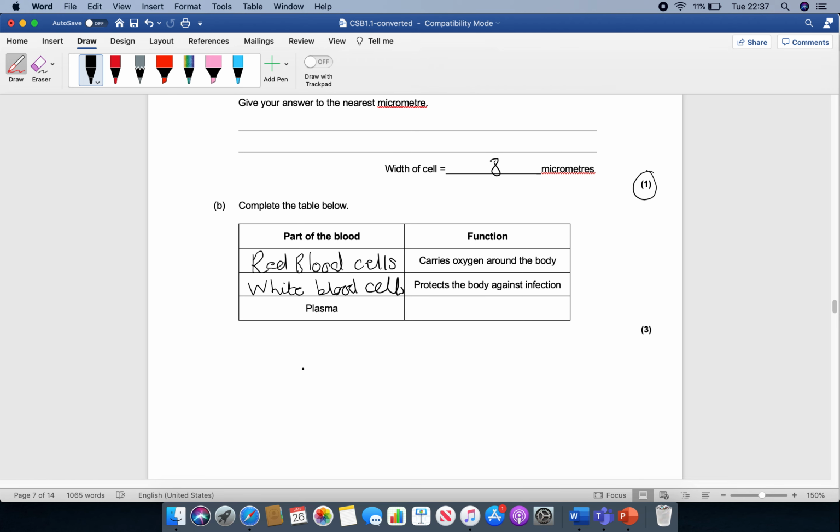And the part of the blood is plasma, and there are a few functions you can put, but one of the main ones is that it transports proteins, and having all those 3 correct answers would give you 3 marks.